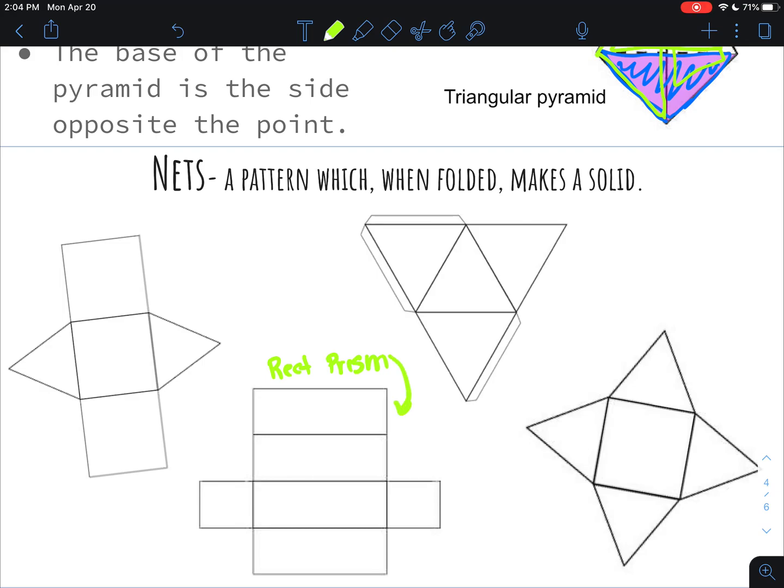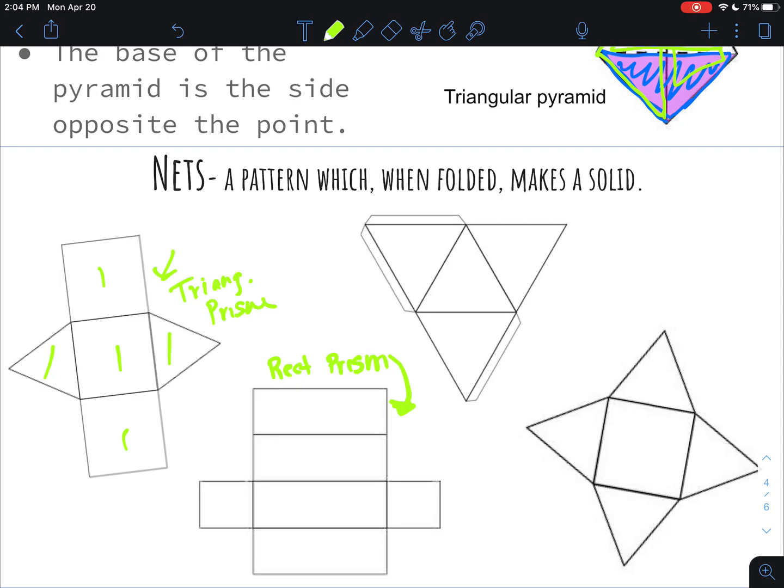In a triangular prism, the two bases are going to be triangles, so there's going to be two faces that have triangles, and then there are three faces that are rectangles. So if you're looking for a net like that, I would think it was this one, two triangles and then three rectangles. So this is a triangular prism.